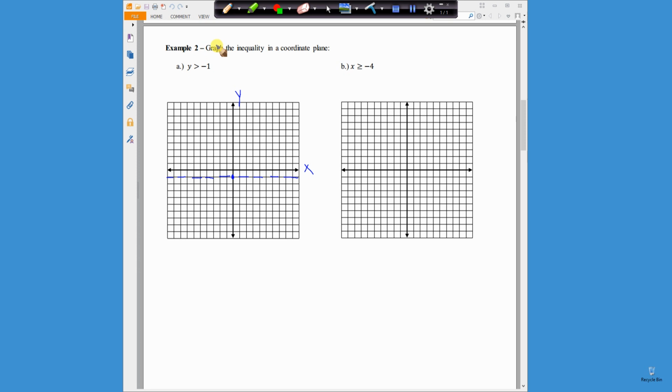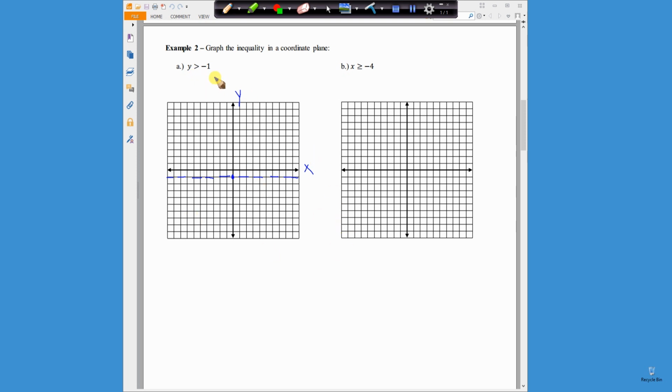So when I want to find my solution area, when I want to shade, it's the points above this line. Usually if you have your equation in slope-intercept form, with y isolated on the left, like this example here, it's simple. If it's y is greater than, you shade above the line. If it's y is less than, you shade below.